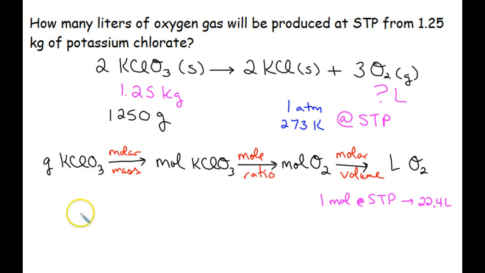So when we set this up, we're going to say 1,250 grams of potassium chlorate, and we have to use molar mass. Now I already calculated the molar mass. It's 122.55.